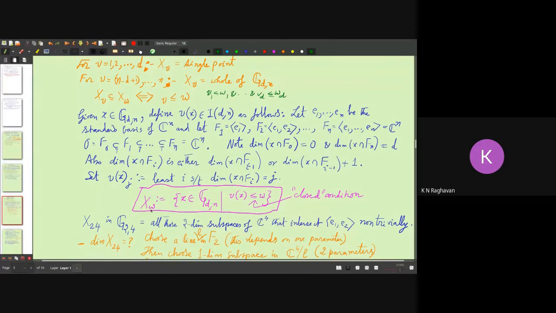And now X_w is defined as follows. Now we are giving the definition of the Schubert variety. It is all those points for which the I_d,n element turns out to be less than w. As you can see, or at least it is intuitively clear, this is a closed condition.